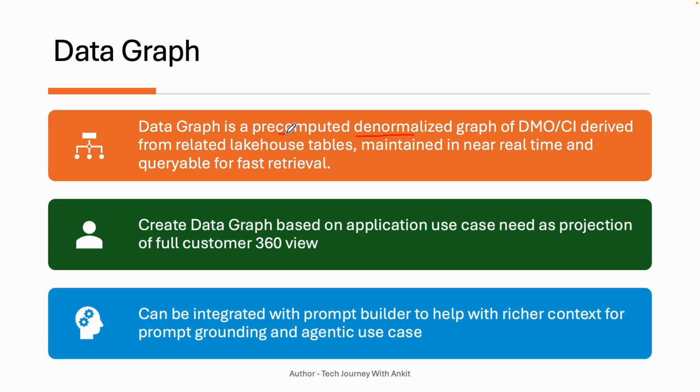The good part here is it's already computed, so you will not always have the real-time data because it's kind of a pre-computed denormalized graph of DMOs and CI derived from a related lakehouse table. So you will be creating one, let's say for example a master table, and what are different related tables that you want to select, you can go and select it and create one pre-computed denormalized graph here.